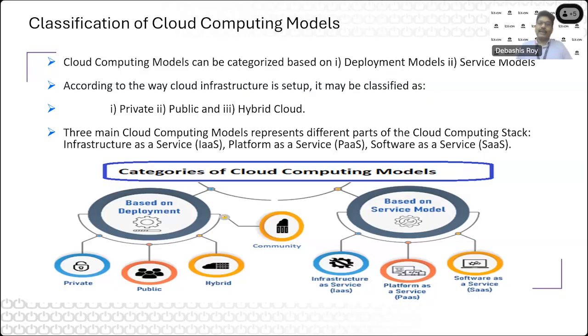Based on the deployment, a private cloud is, say for example, I want a highly secured system, like national security, which we want to set up in our own environment. We cannot go for a public cloud because the challenge is that if some breach happens, we cannot directly control it. We have to rely on the vendor to provide the entire security.